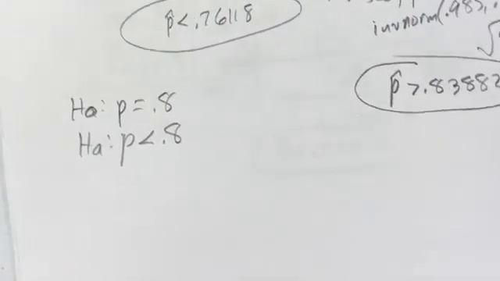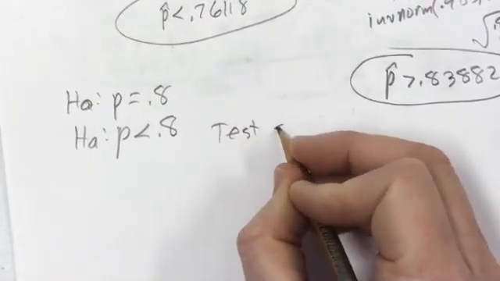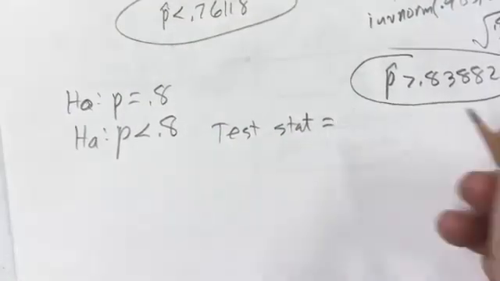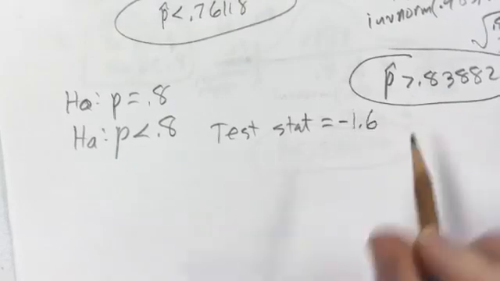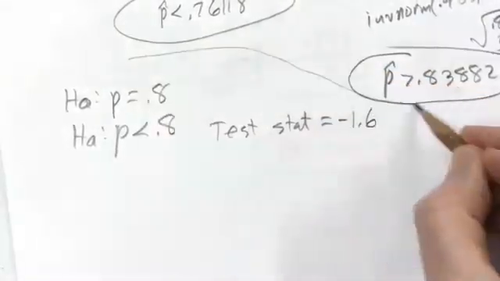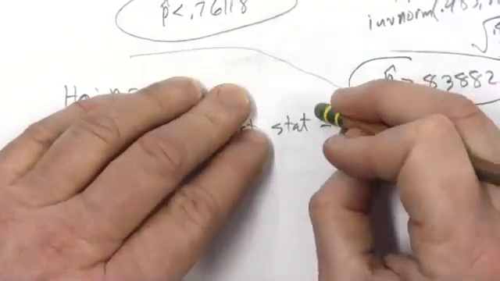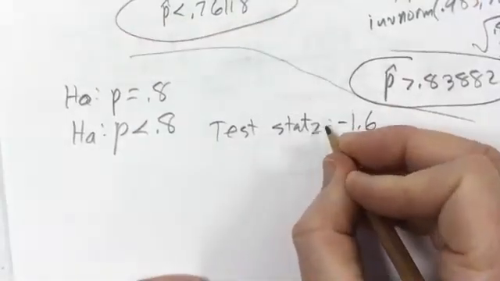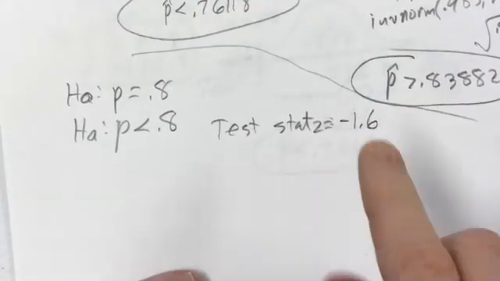Let's just pretend you're given a test stat z equal to, let's say, negative 1.6. In other words, you get a sample value that is 1.6 below, and this is z. Let's just pretend you're given that test stat. How do you find a p-value?